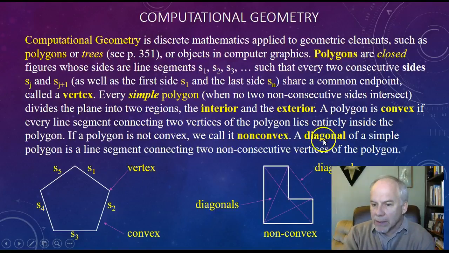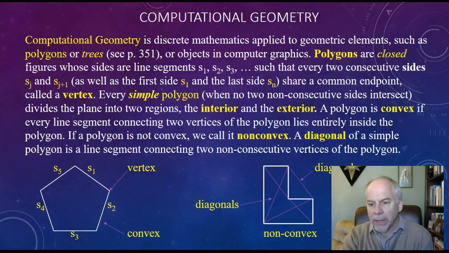Now, a diagonal is a line segment connecting non-consecutive vertices. So what we're talking about here is diagonals. In this convex one, if you draw a diagonal, it always stays inside the polygon. All right, so we call that convex. But in the second case, this is non-convex because this diagonal right here did not stay inside the polygon.